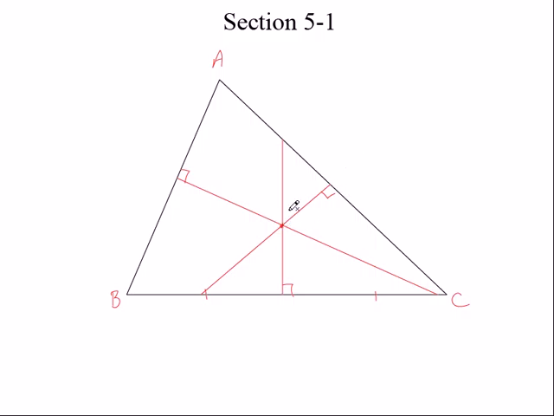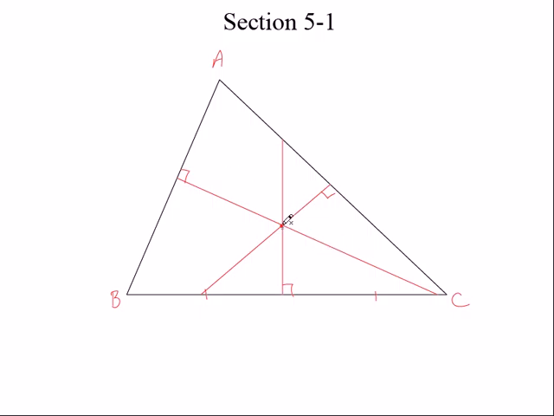They're all going to hit at the same point. Now, if I was very accurate, if I measured out, I made sure that was exactly the midpoint, and I knew exactly that was 90 degrees, then I'd be very, very accurate on this. I may be just a little bit off because that doesn't quite look like 90 degrees, but it's probably pretty close. So we say that all three of those lines are concurrent.